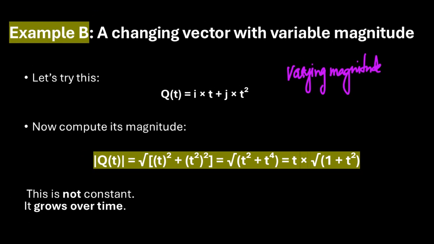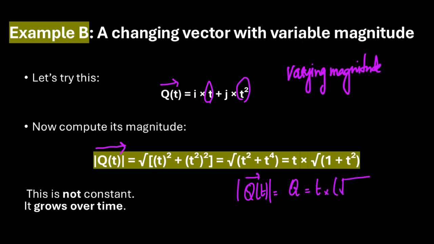But if we have a different vector, say vector q of t is equal to it plus j t square, when you take the magnitude of this vector q of t, you get t times root of 1 plus t square. This actually means that the magnitude of vector q of t, which is actually equal to q, is a function of time and the product of 1 plus t square.